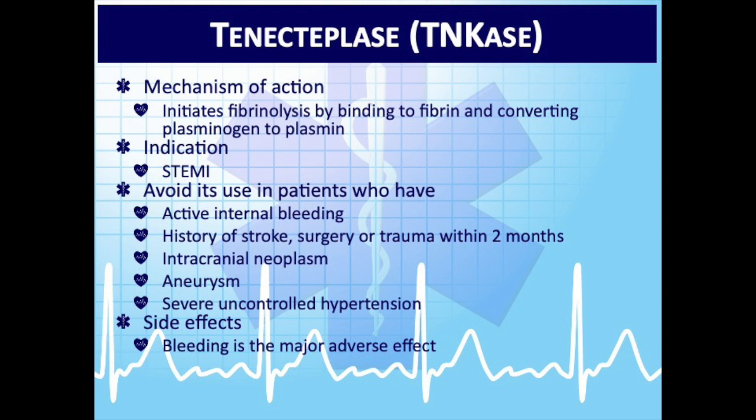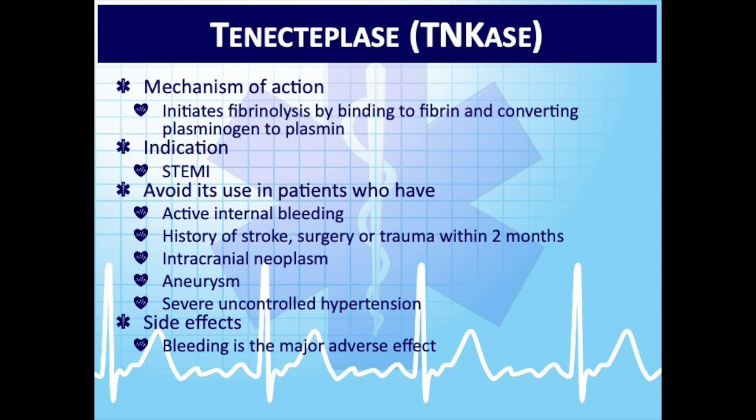It's usually given in those areas that don't have a cath lab available. Its only indication is for treating ST elevated MIs. Most of the time, those patients, they want to rush them off into the cath lab and open up any blocked coronary artery.